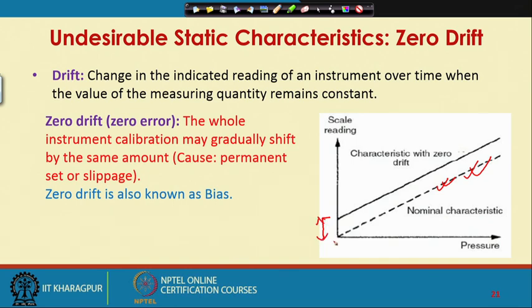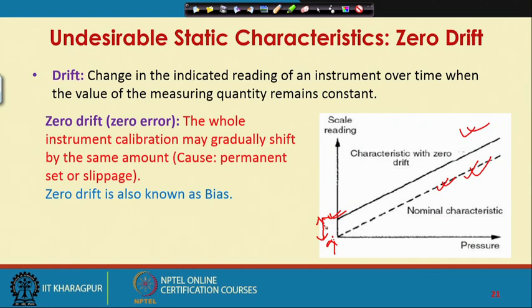That means, when there is no input to the instrument, there is an output. Let us say this is a calibration curve for a pressure gauge. When there is zero pressure, the pressure gauge shows some non-zero reading, indicating some pressure, but there is no pressure.